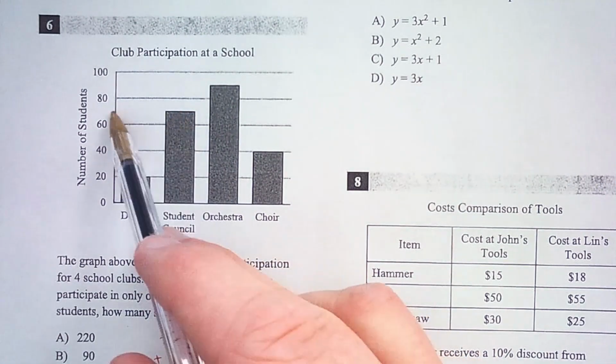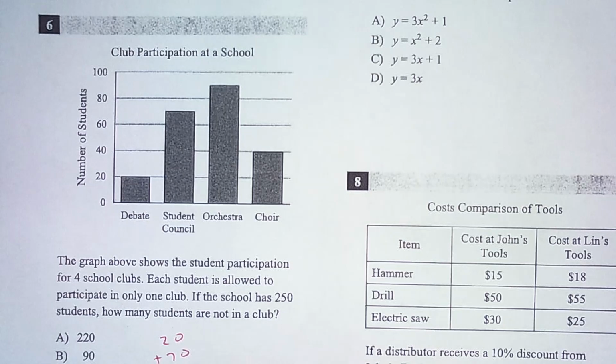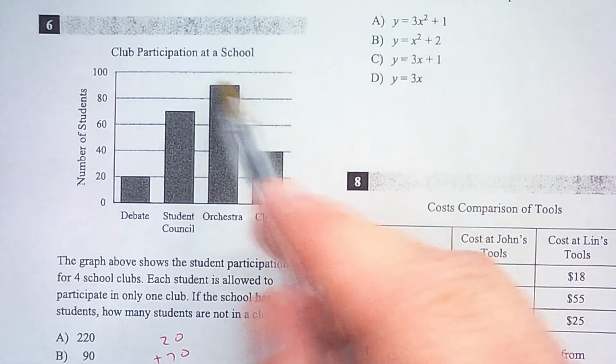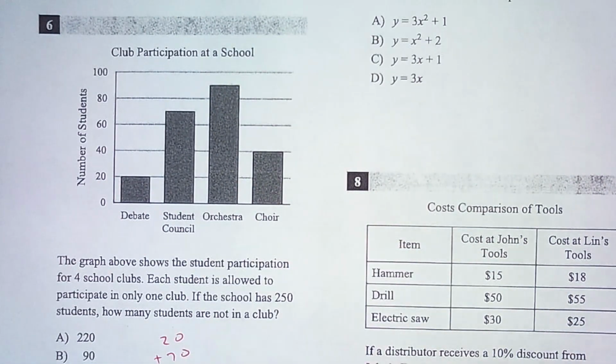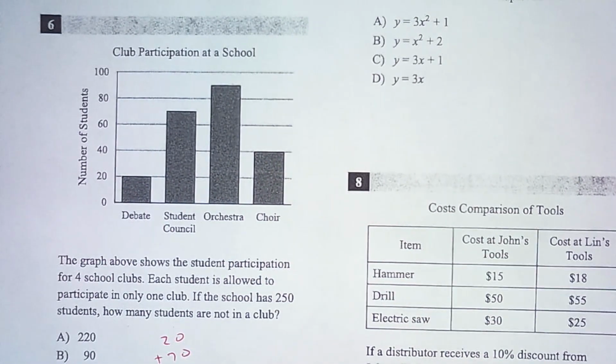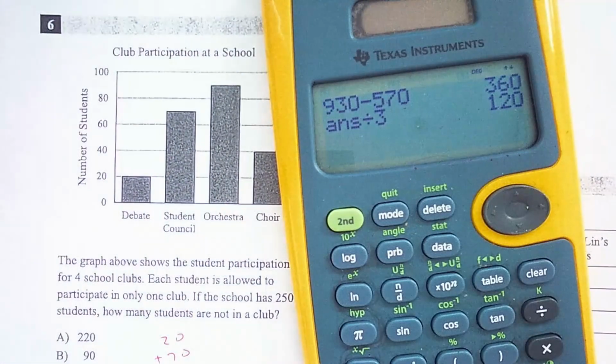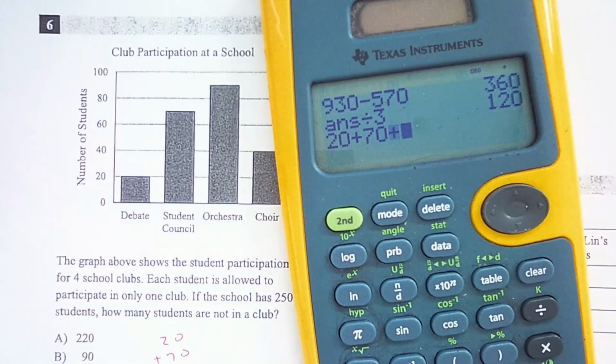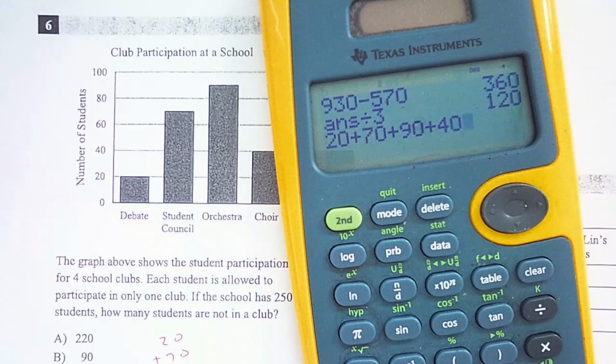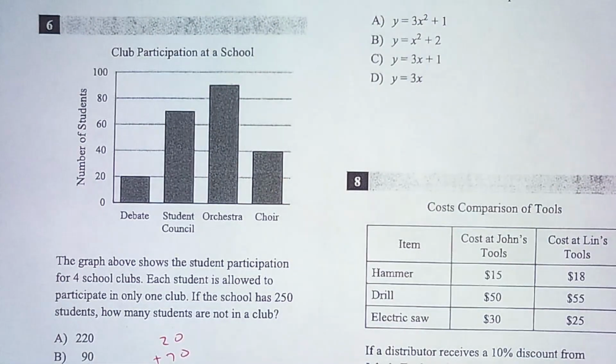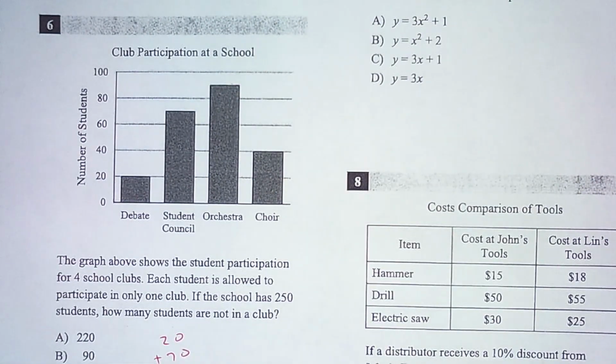Student council looks like 70 members. Orchestra looks like 90 members. And choir, 40 members. So we'll add up all those students. 20 plus 70 plus 90 plus 40 is 220 students in a club.